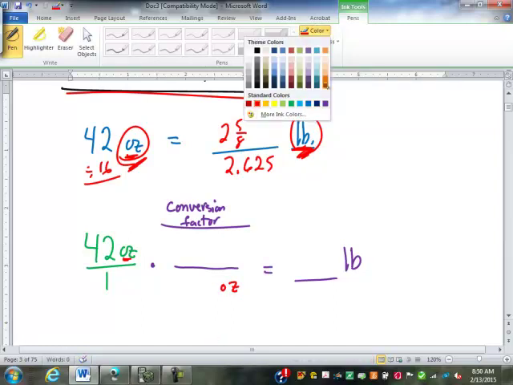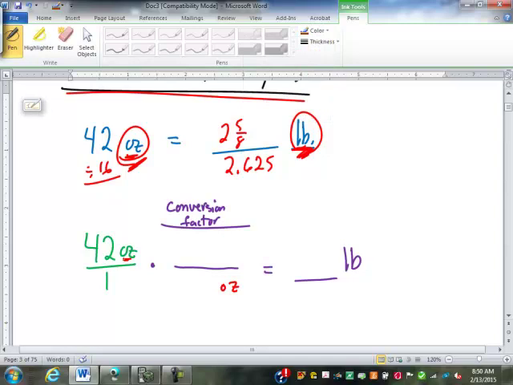The reason I'm doing that is now when I multiply fractions, I can cross-cancel. The unit of ounces will actually cross-cancel and disappear. Since I want it to become pounds, I'm going to put pounds on top. And now what's my relationship between pounds and ounces? Well, I look it up. Yeah, 1 pound is 16 ounces. So I label them.